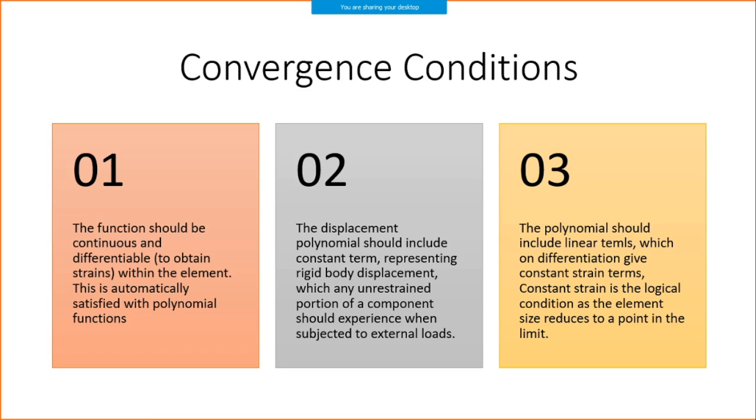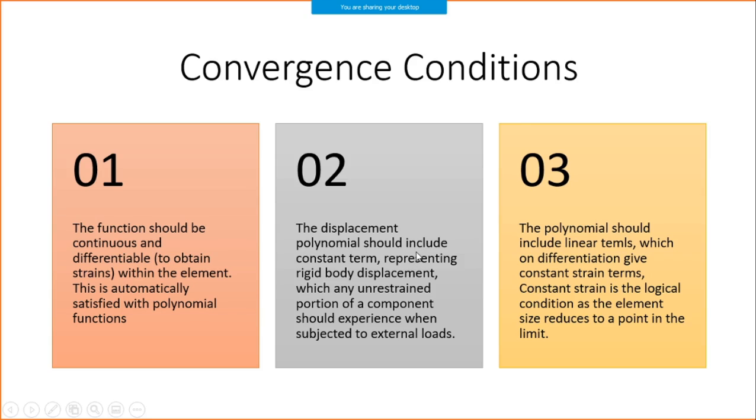If I consider friction on a surface, in the forward direction I will have some value, and in the reverse direction the force direction changes to the negative side. That should not happen whenever we assume a certain function within that element. That is the first convergence criterion. The second convergence criterion is that the displacement polynomial should include a constant term.